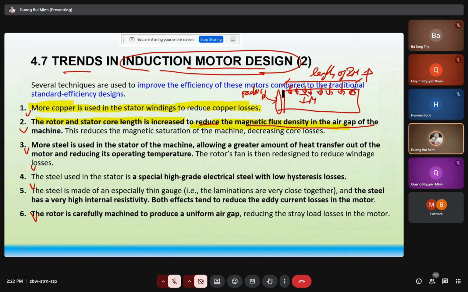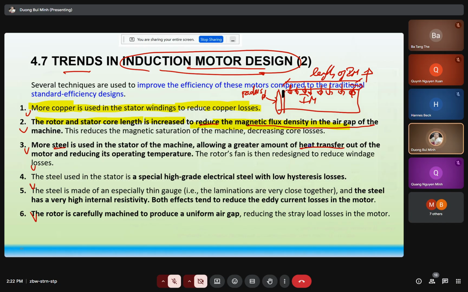More steel is used in the stator of the machines, allowing a greater amount of heat transfer. More steel, so we can operate induction motors at higher temperatures.